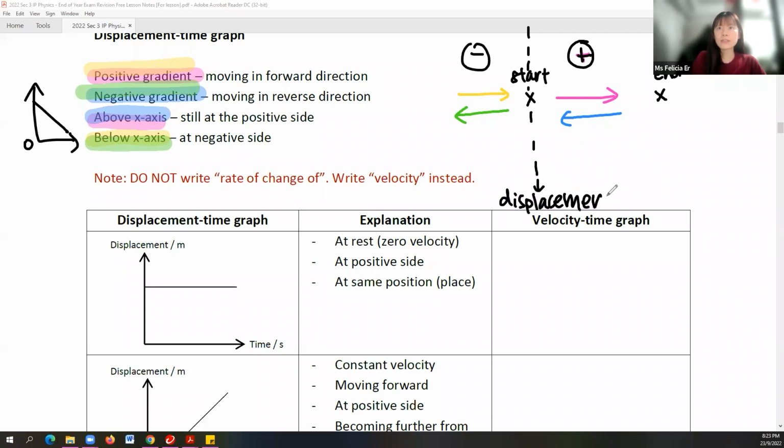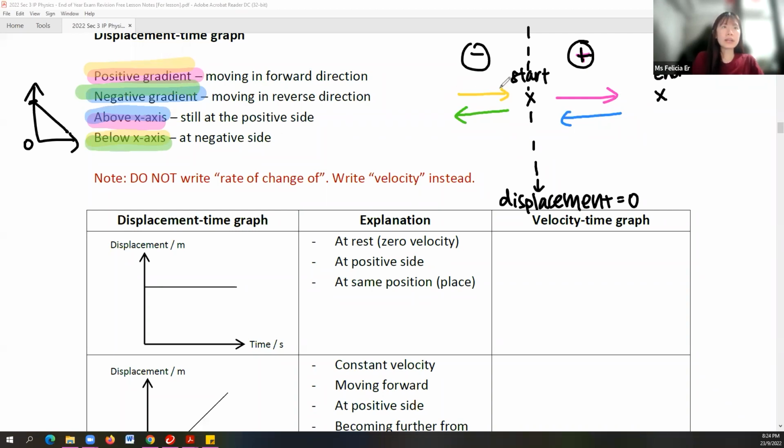But here, he is at a distance very far away, going towards the start point. That's why you see the blue arrow is from a place very far away from the start point, but he's going back to the starting point of displacement 0. So this is how you represent the blue arrow.